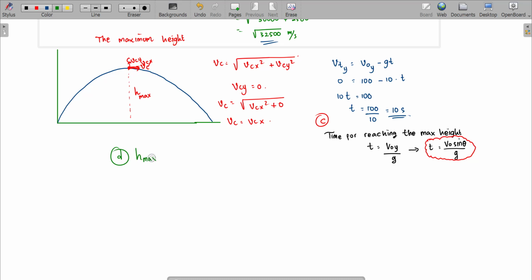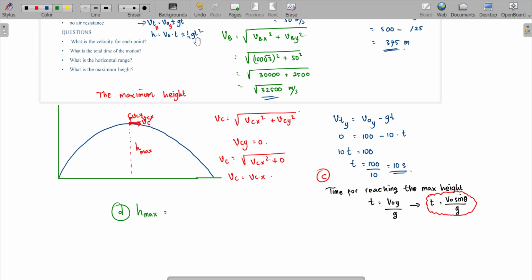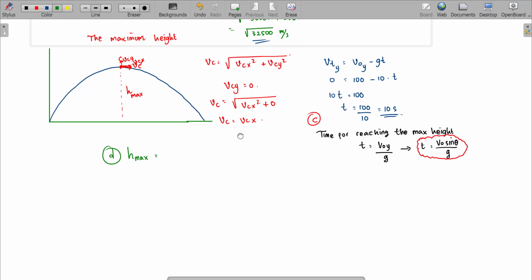the maximum height equals to, you can choose the formula, maybe you can use this. Yes, you can use this formula as well, or you can also use this one. Do you remember this formula? Vt square equals V0 square minus 2gh. You can use this formula as well.